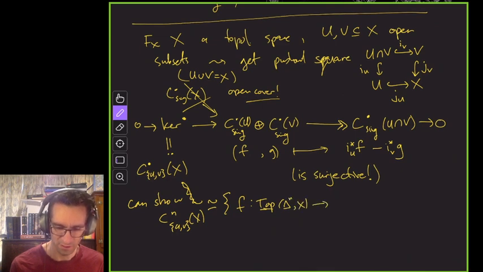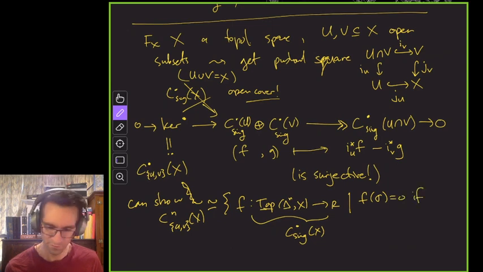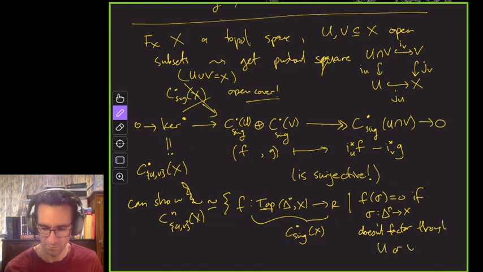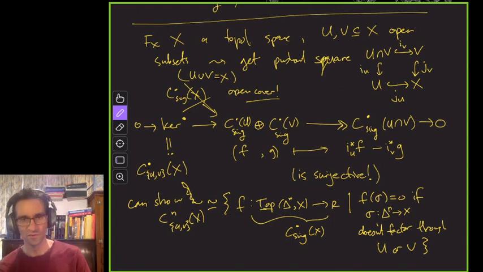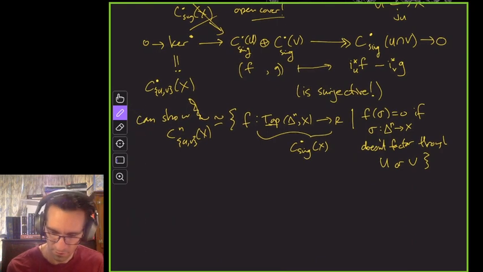A thing in here is in singular cochains on X, but I have a requirement. If I have a map from an n-simplex into X, and it doesn't factor through one of your U or V, then I want my F to be 0 on that simplex. I'm going to call these large simplices.